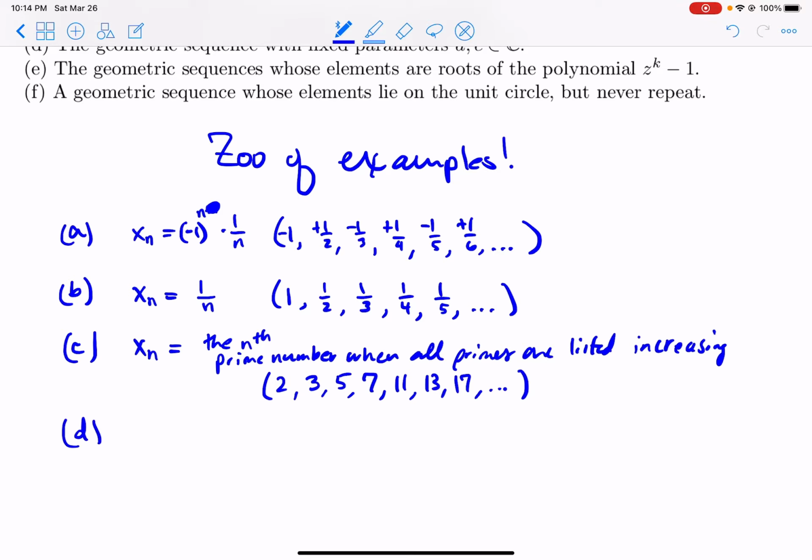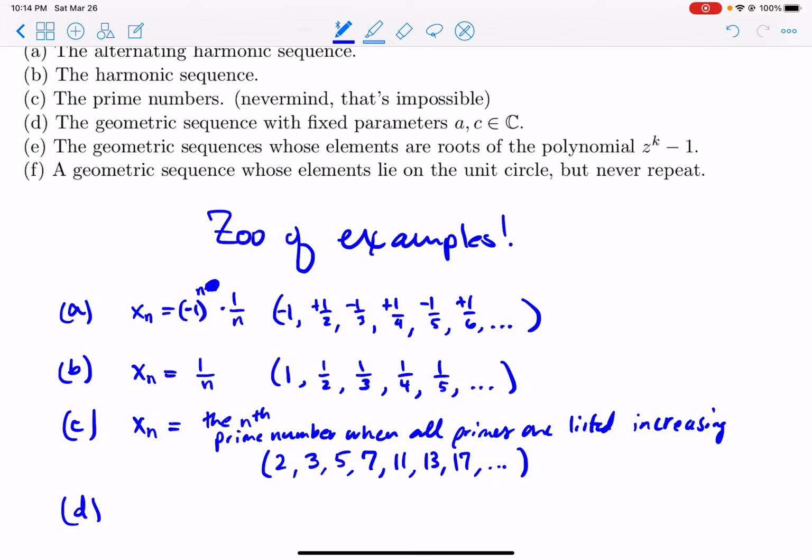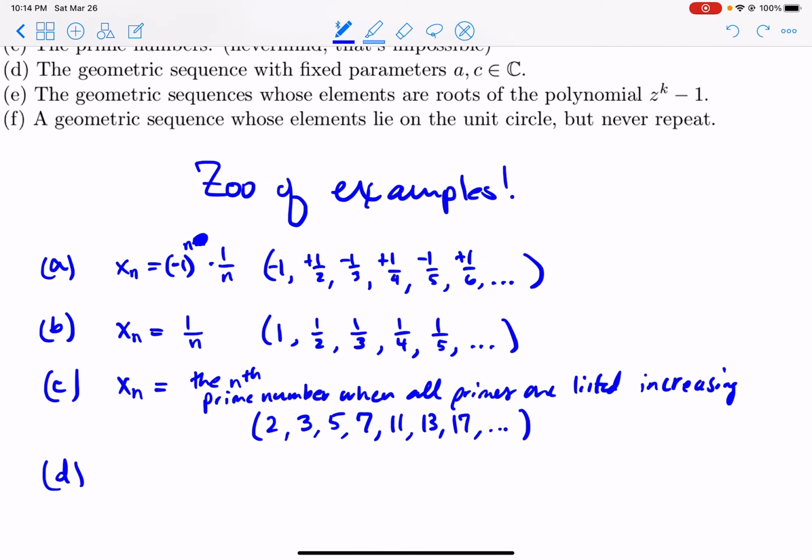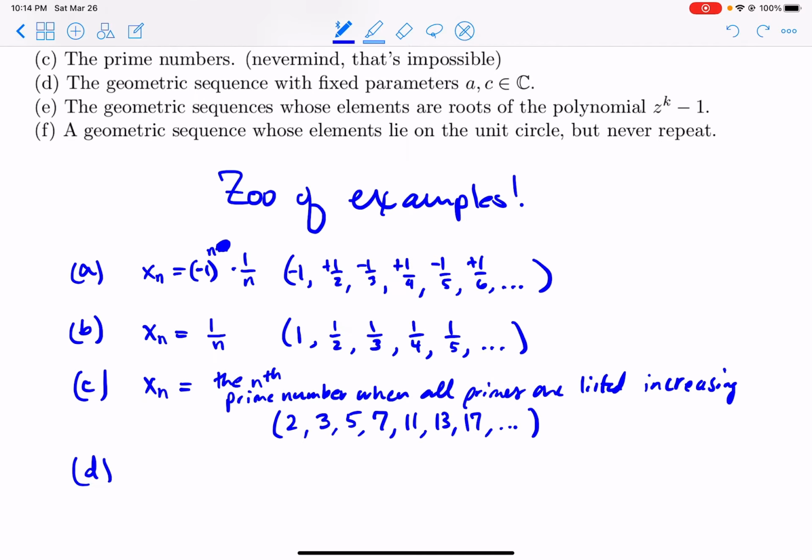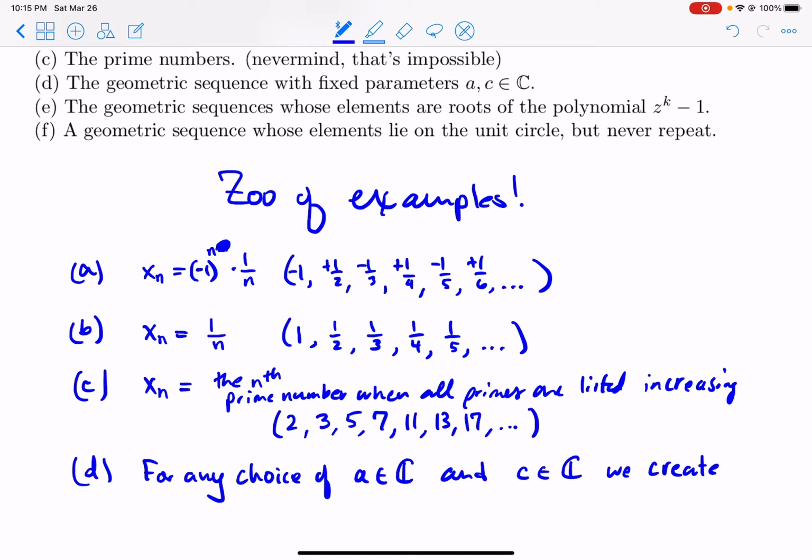D. The geometric sequence with fixed parameters. Now, okay, so for any choice of a complex number A and a complex number C, we create what sequence?